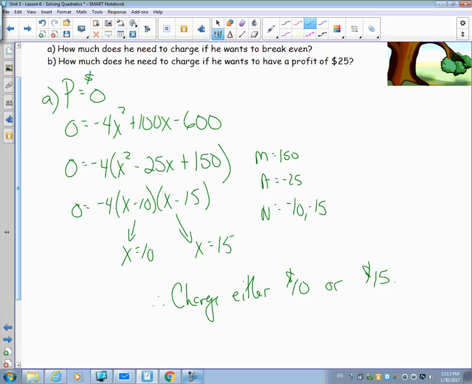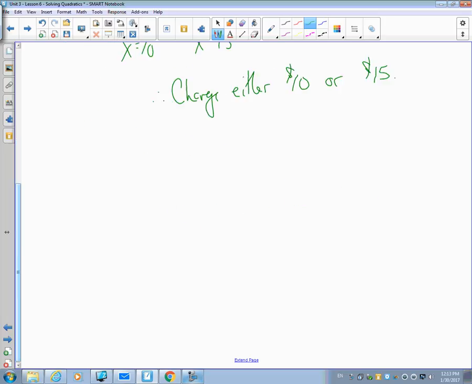What if he wants to have a profit of 25 bucks? Just make a little bit of money. Can we do that? Sure we can. Same equation, but this time we want our profit to come out to 25. So 25 equals negative 4x squared, same equation, plus 100x minus 600. I want to make it equal 0, so I'm going to bring everything to the left this time.